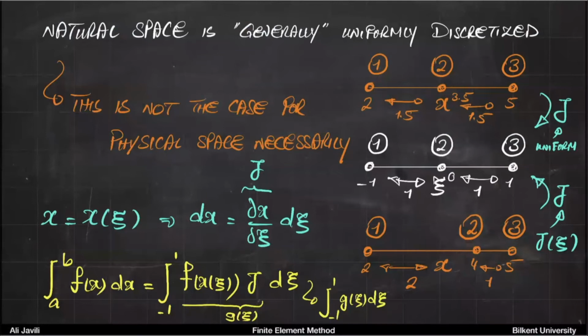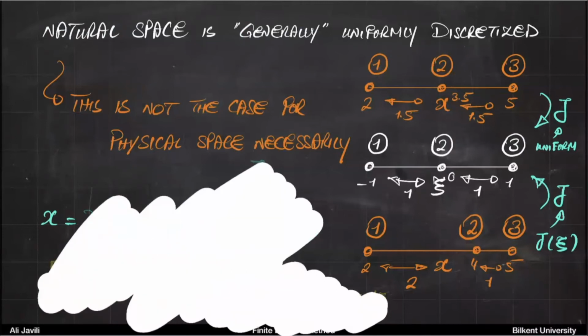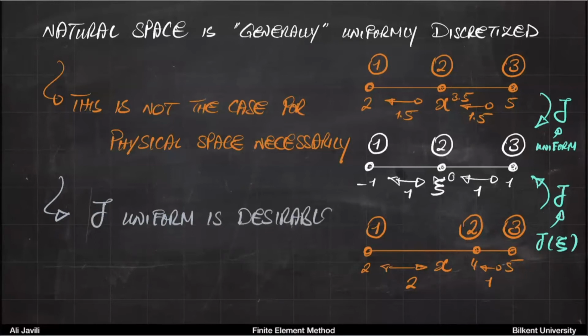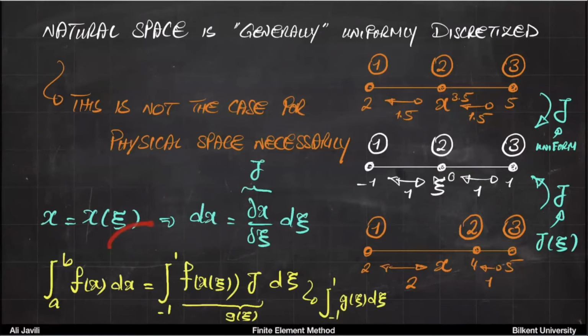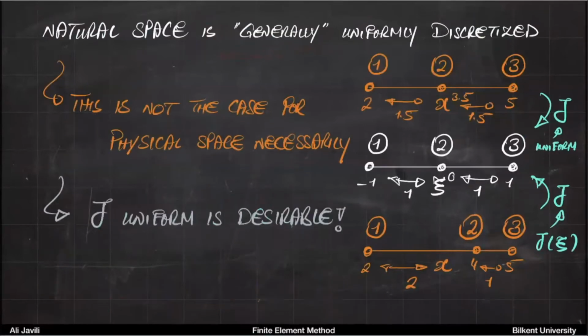Okay, so that is step number 1. Based on what we just saw together, I think you are convinced now that we would like J to be uniform. Does that make sense? Again, because we don't usually know what happens in between, but we know the order of the first function that we want to integrate, what is our best choice?